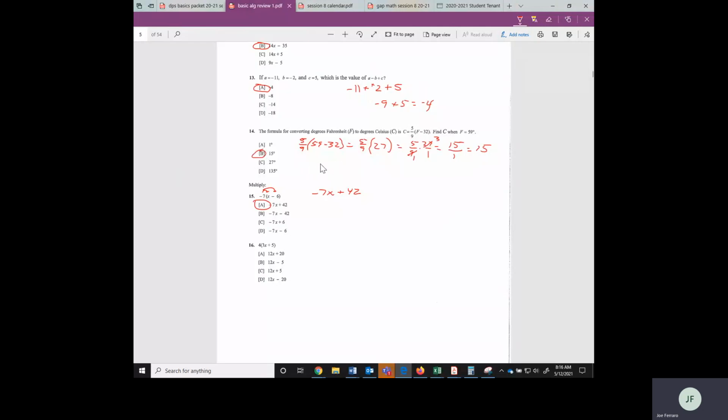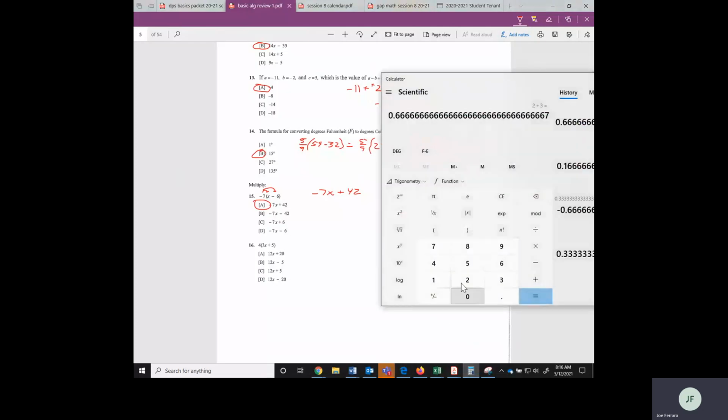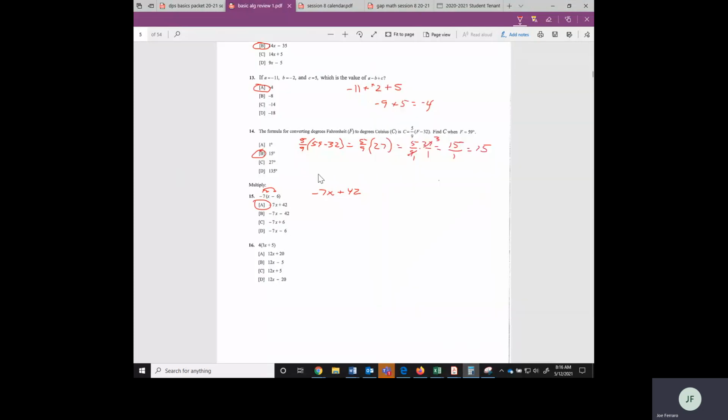If that fraction stuff isn't making sense, you can take your calculator, take 5 divided by 9. It's 0.5 repeating. If you see this one thing at the end, that means they're rounding it. So what it actually is 0.5 repeating.